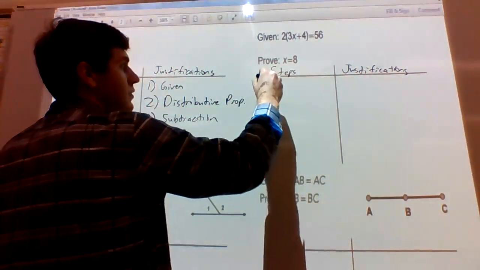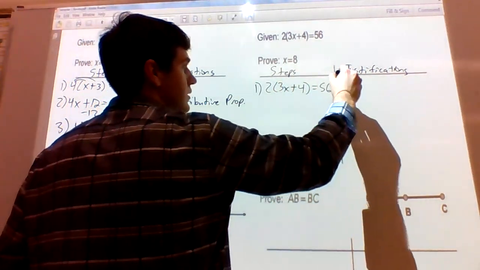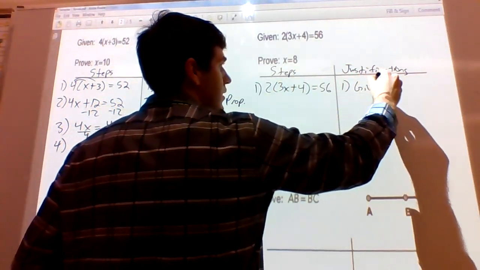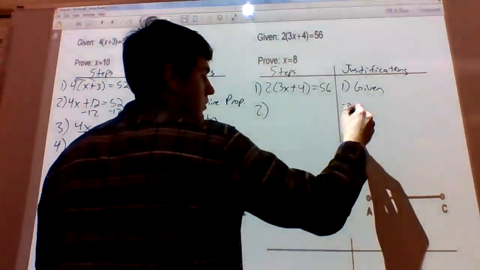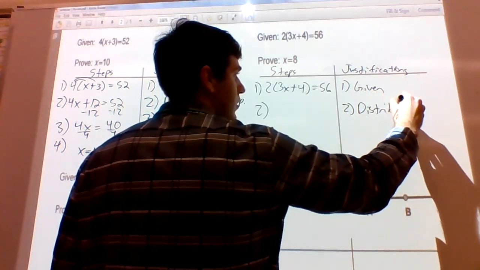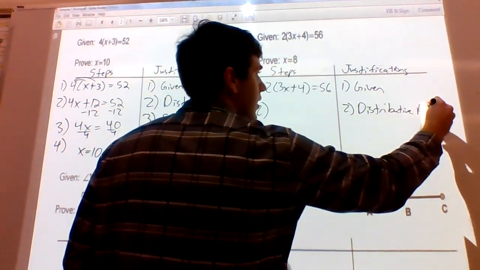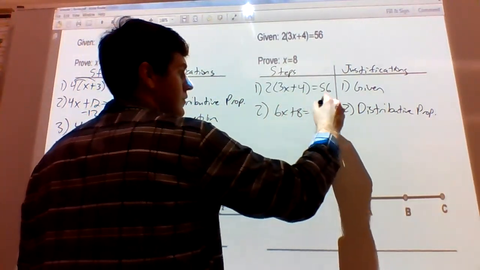The next one, same thing, steps and justifications. Okay, step 1 is given. 2 times quantity 3x plus 4 equals 56. We can use distributive property. That's going to give us 6x plus 8 equals 56.